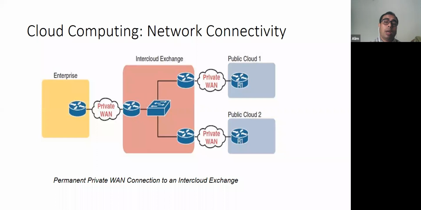Say you have some services hosted at Google Cloud Platform, then you have some services on Azure, and in that case, you will establish different wide area network connections, which are private, quite private, with your network.